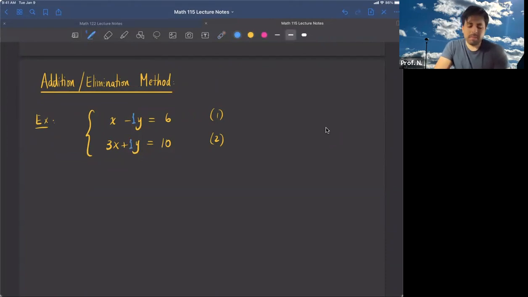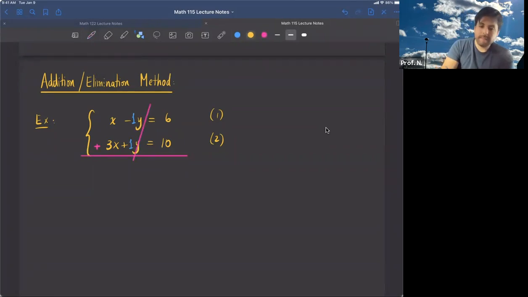What do you think would be the reasonable thing here to do? Cross out the y's. That's right. But how do we cross out the y's? We have to add both of the equations. And what's so nice about that is when you do that, -y plus +y, 0y.